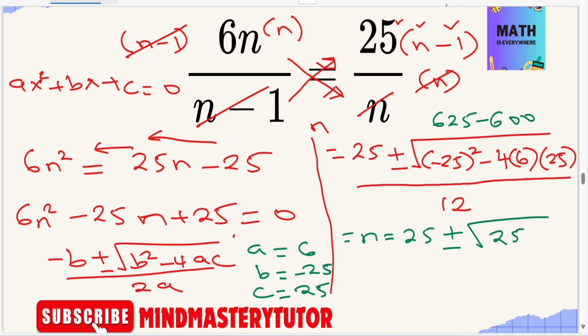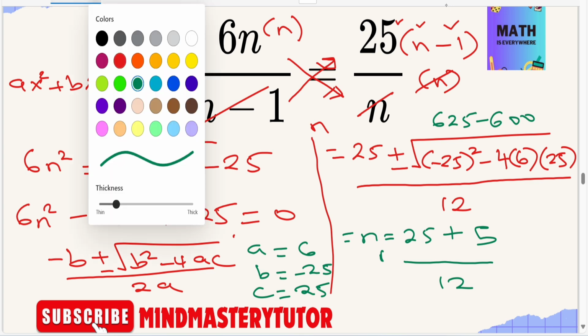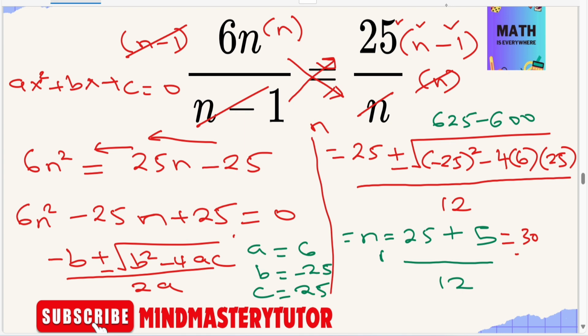Okay up to there. So your n is equal to 25 plus or minus the root of 625 minus 600, which is 25. So you know the root of 25, right? The root of 25 is obviously 5. Okay, divide by 12. So your first n will be with positive 5. Your first n: 25 plus 5 is 30, divided by 12, and it should give you 2.5. Okay.